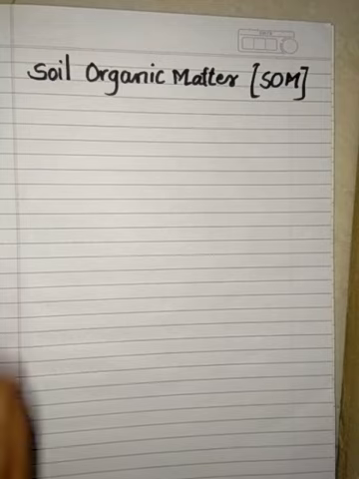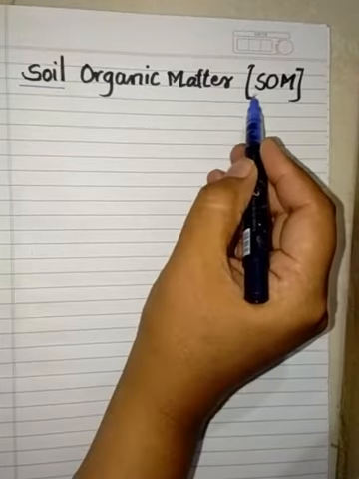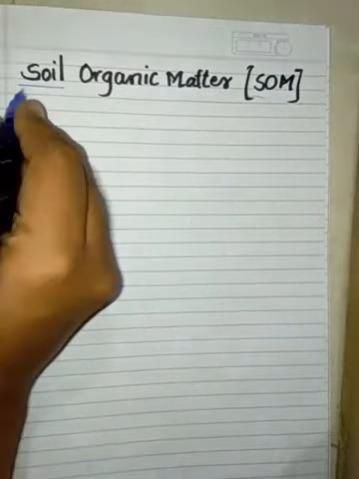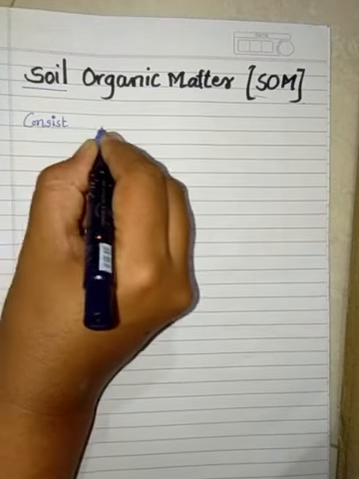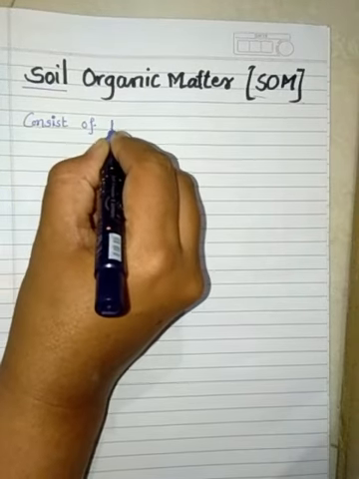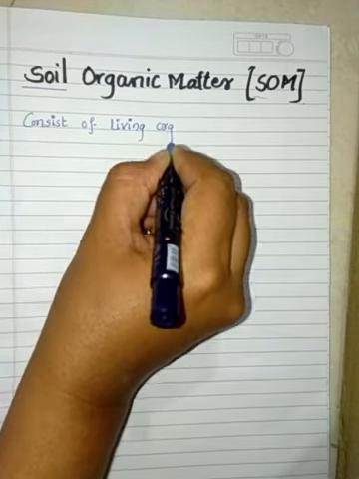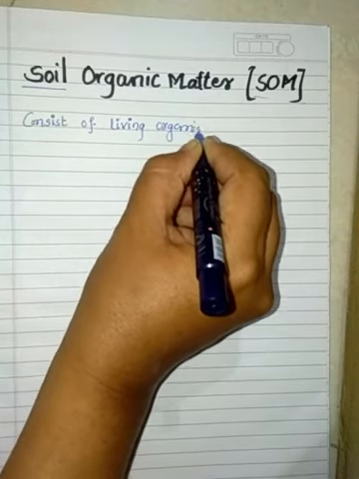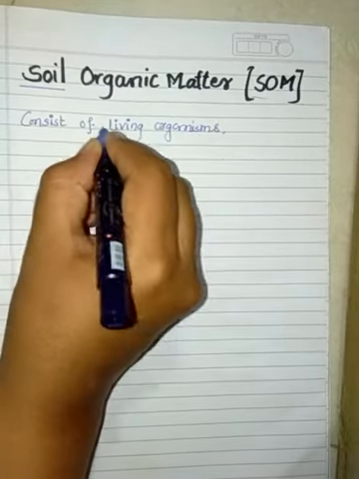SOM. As we already know here, soil is present in what? Nature itself. It means that soil organic matter consists of living organisms, dead plant and animal residue.